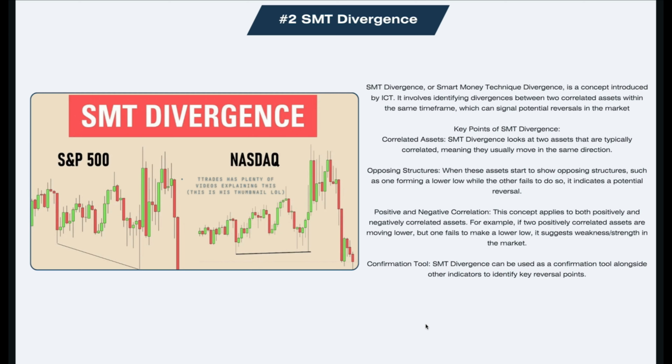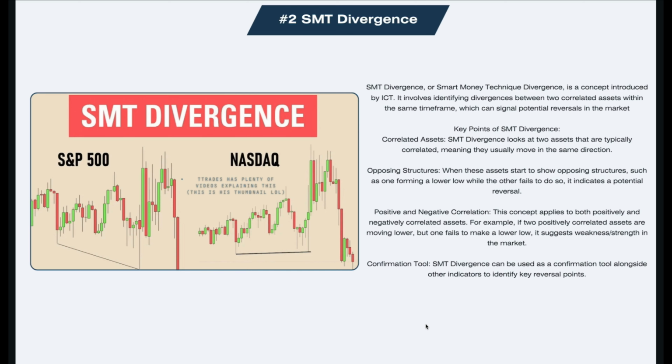Potential, guys. Not always the same. Potential. Positive and negative correlation: this concept applies to both positively and negatively correlated assets. For example, if two positively correlated assets are moving lower, but one fails to make a lower low, it suggests weakness or strength in the market.